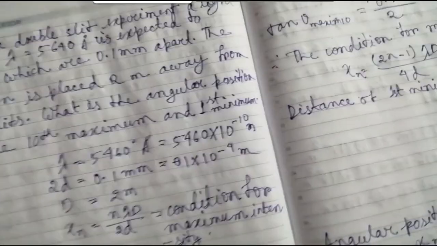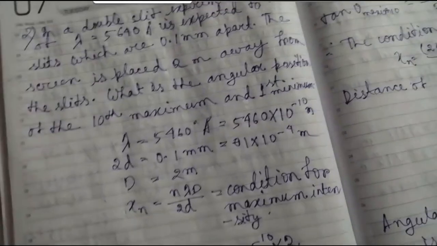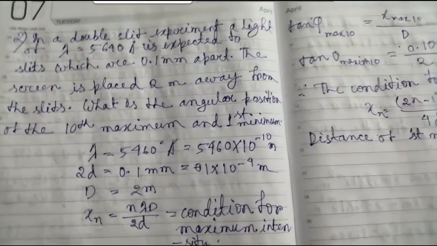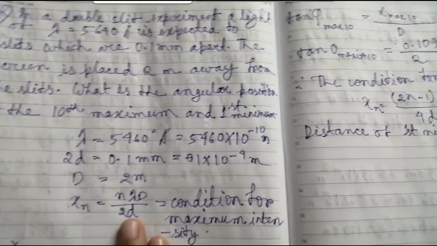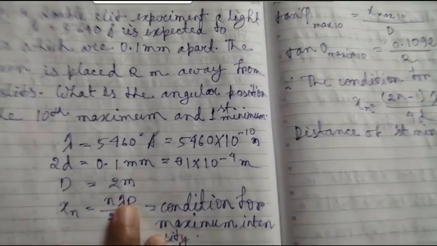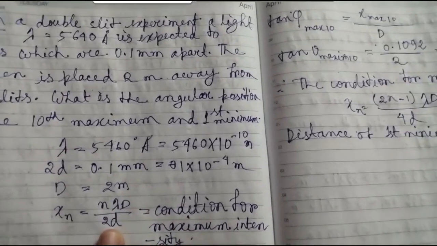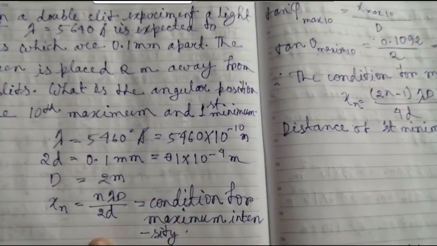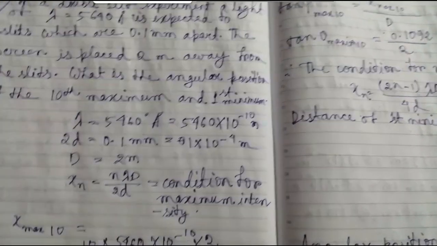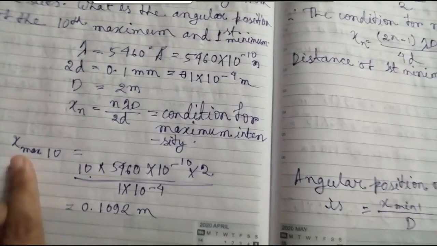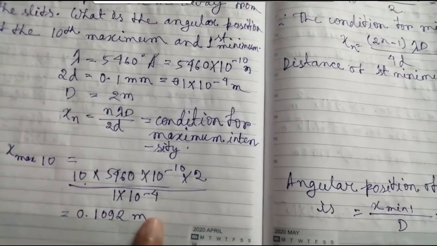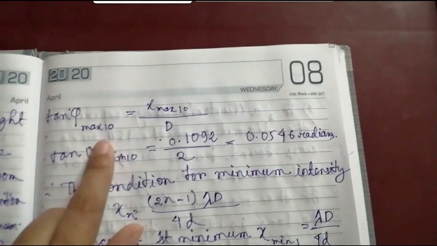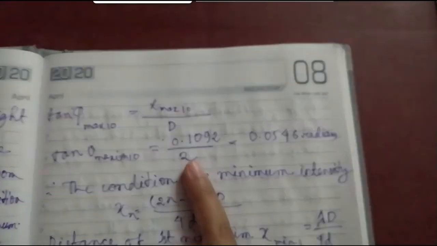Now next, it was a double slit experiment. In that case, this formula x_n equal to n lambda capital D by 2 small d is the condition for maximum intensity. Then x maximum is equal to this, and also tan phi maximum is equal to this.